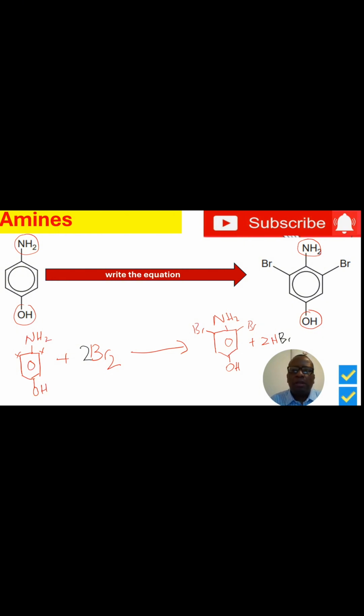Now then, they wanted to react 4-aminophenol with sodium. We know that sodium reacts with water, sodium reacts with acids, and this phenol section of this compound is acidic. Phenol can act as an acid, and all acids react with metals to form hydrogen.